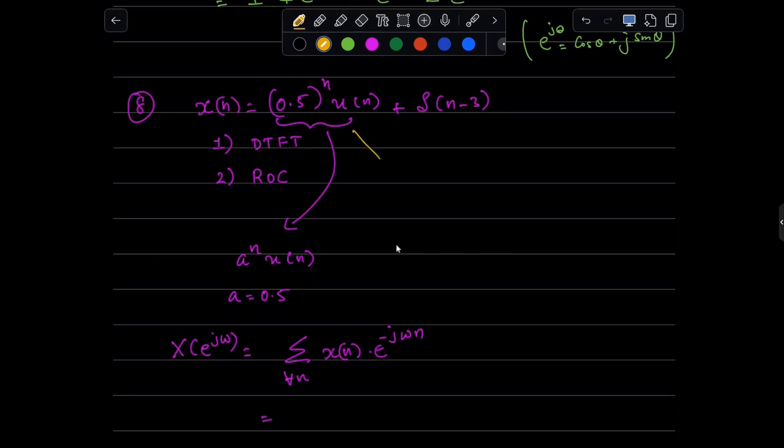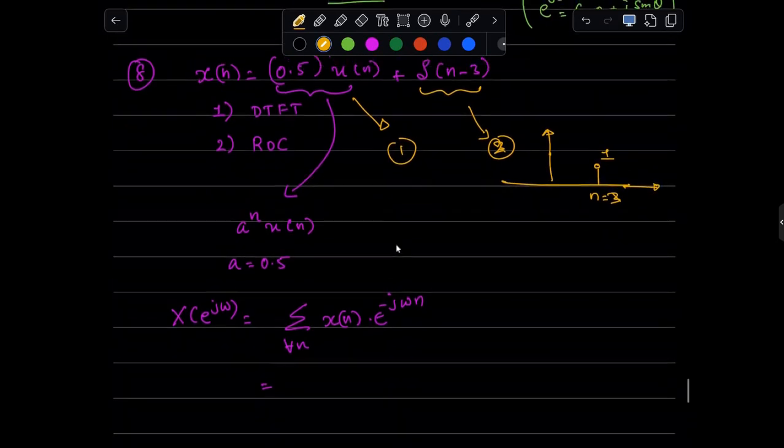There is a first part for the signal and a second part for the signal, right? And what is the second part? It is 1 at n equal to 3. So only at n equal to 3 it is 1, because it is a delta function which is shifted by 3 units.